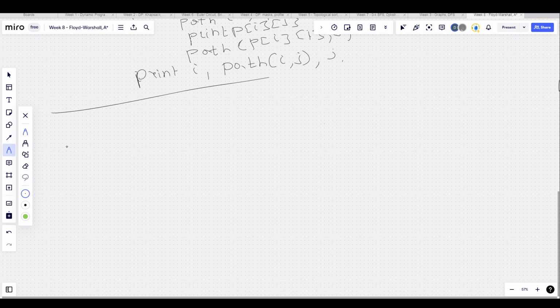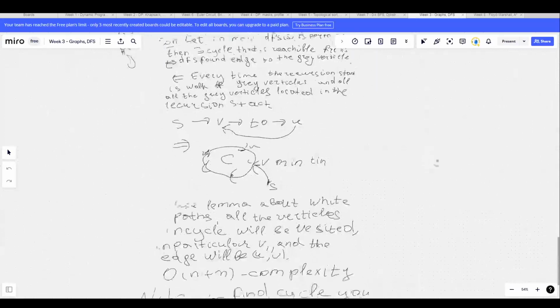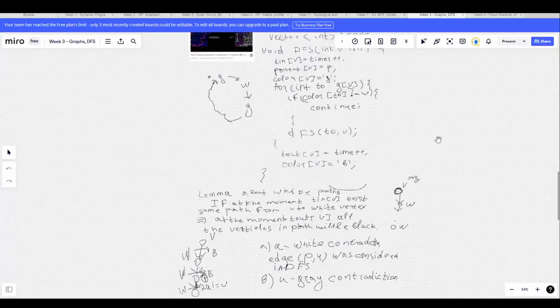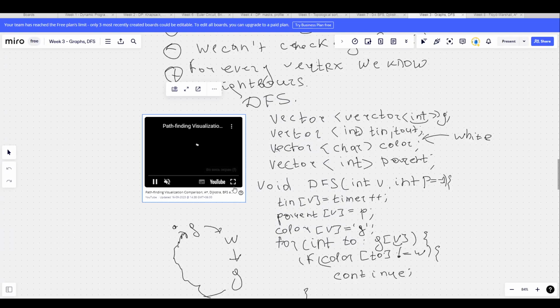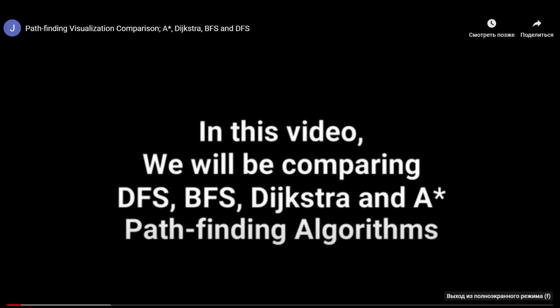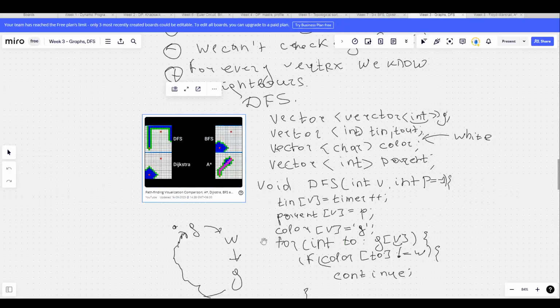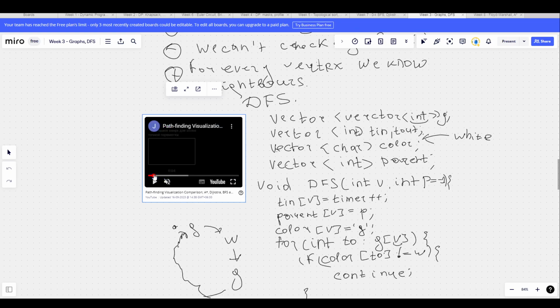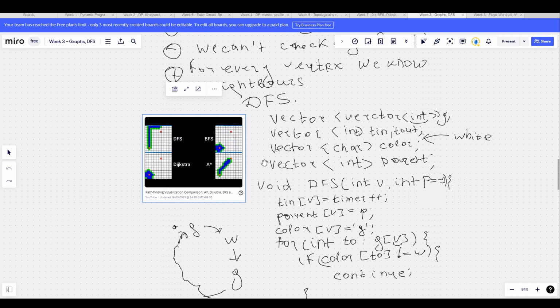Next we consider the A star algorithm. This algorithm is used everywhere, when we consider the first lecture, when we consider the FAS. A star works very efficiently.